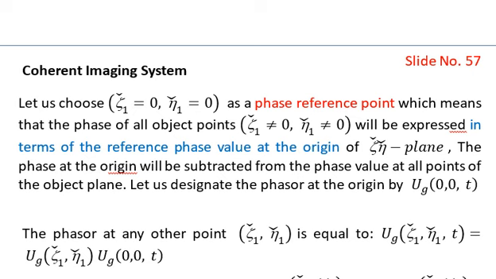That is, we are referencing the phase of all the object points with respect to the phase at the origin. Let's designate the phasor at the origin by UG as a function of 0, 0, time. That is, UG is only time dependent because the coordinates at the origin are 0.